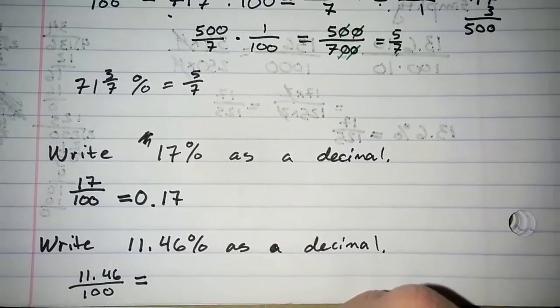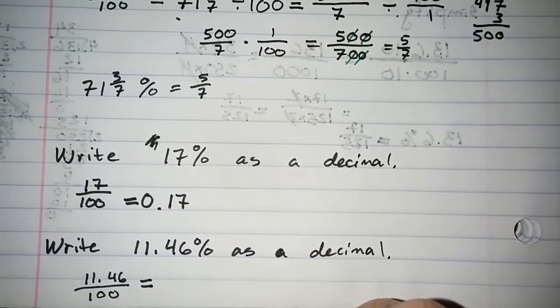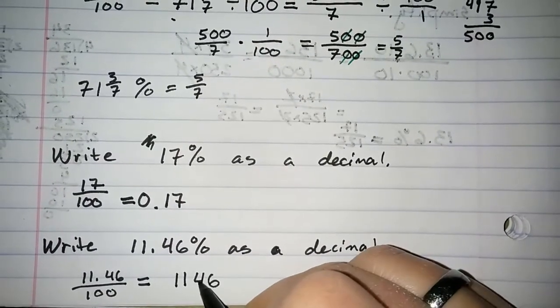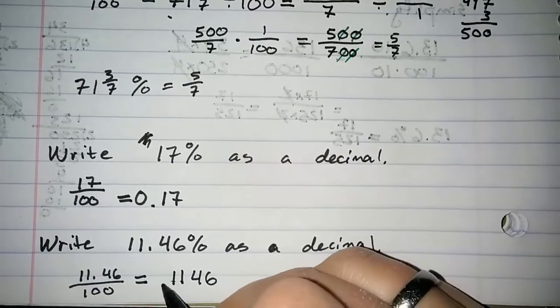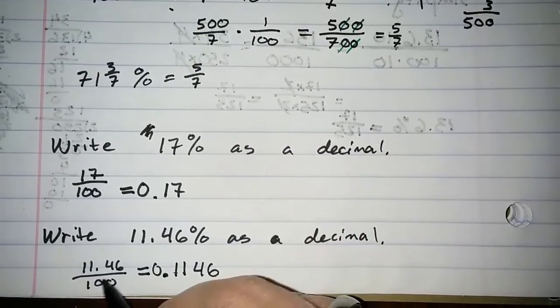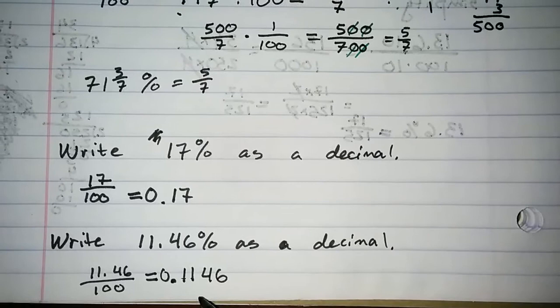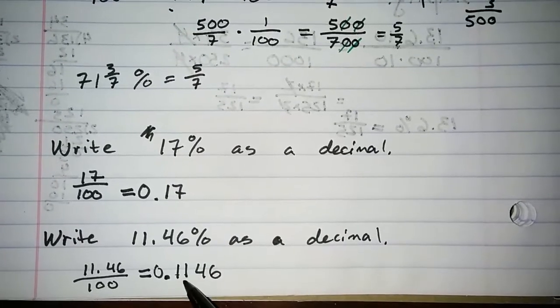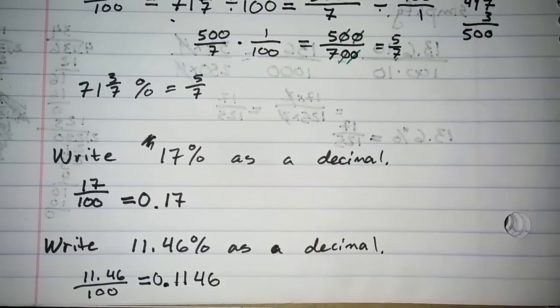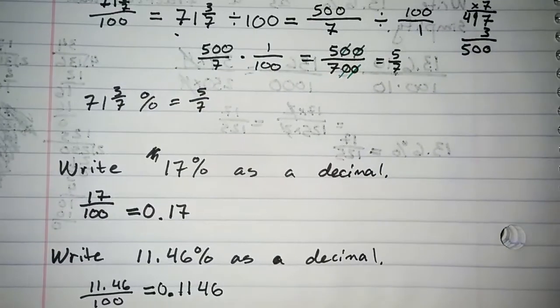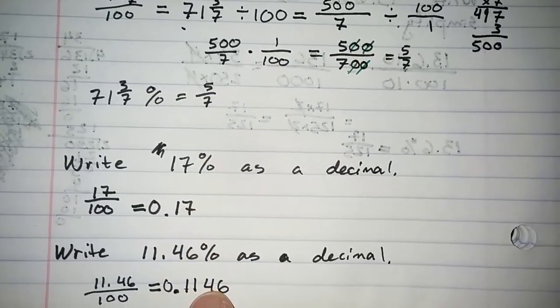That is, we want 2 more digits to the right of the decimal point. Right now I have 2. I want 2 more. 11.46% should be 0.1146.